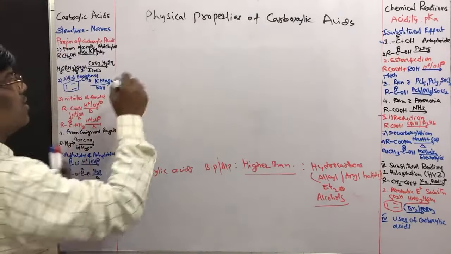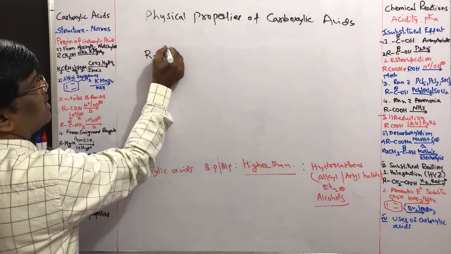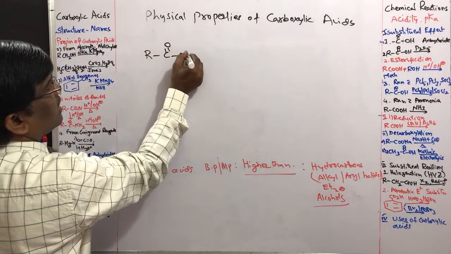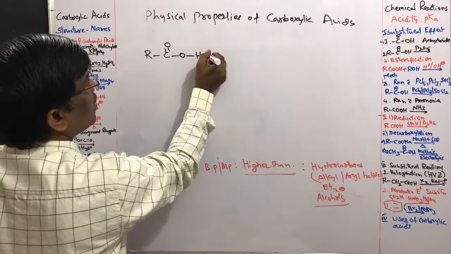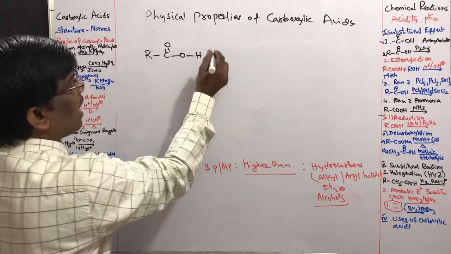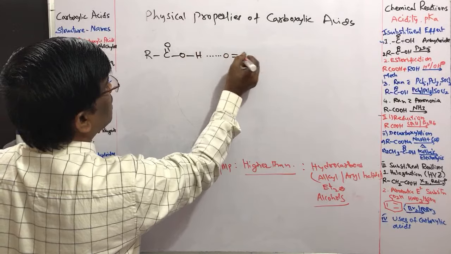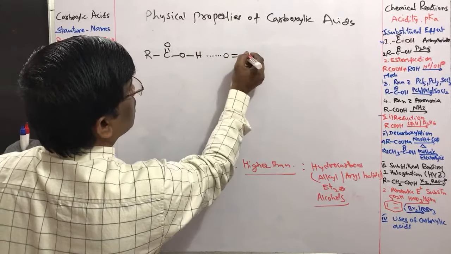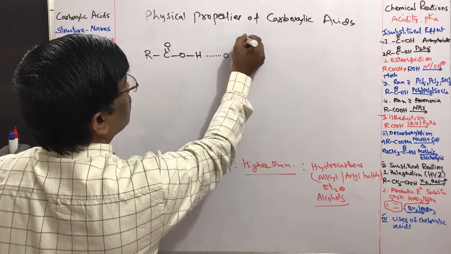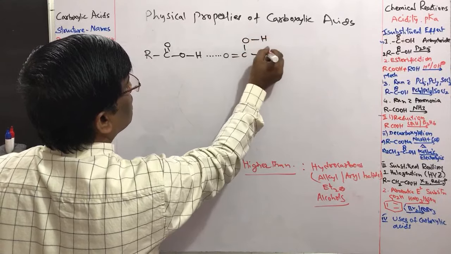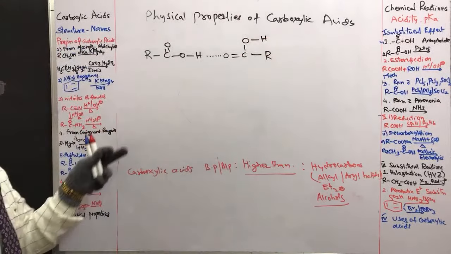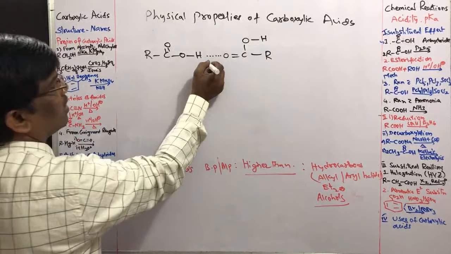Yes students, so let me take one carboxylic acid. This is a carboxylic acid and it is going to have intermolecular hydrogen bonding, where carbon, O and hydrogen, H. So this is hydrogen bonding.